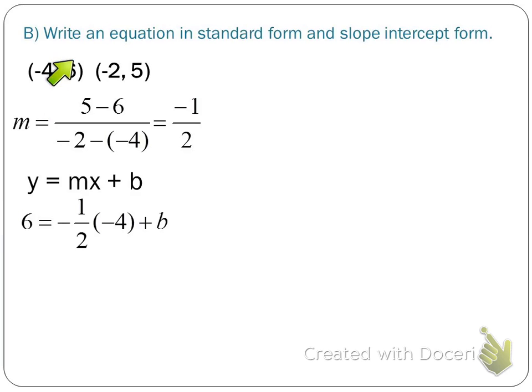So if you start with the 6, you got to go with the -4. If someone else plugged in 5 and then -2, you should get the same b value. Okay? So I have to do -1/2 times -4, which is what? 2. Good. And then when you solve for b, you get 4.